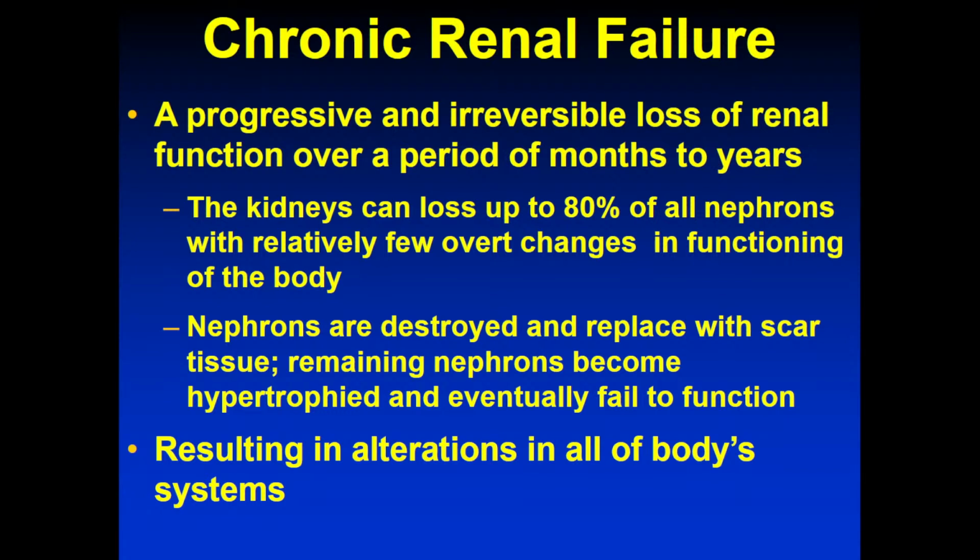A few words about definition. Chronic renal failure is a progressive and irreversible loss of renal function over a period of months to years. The kidneys can lose up to 80% of all nephrons with relatively few other changes in function of the body.